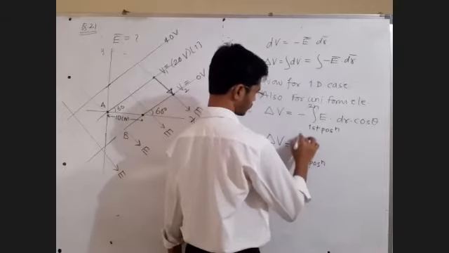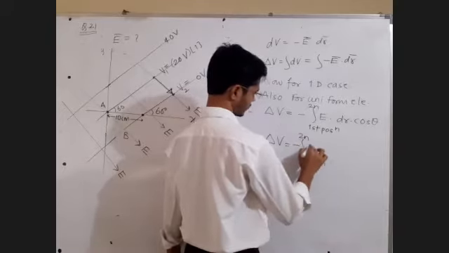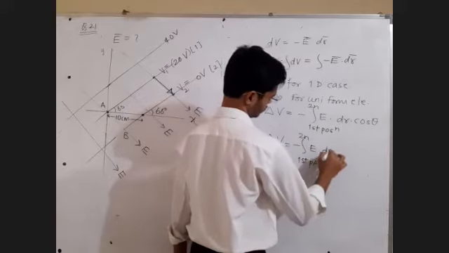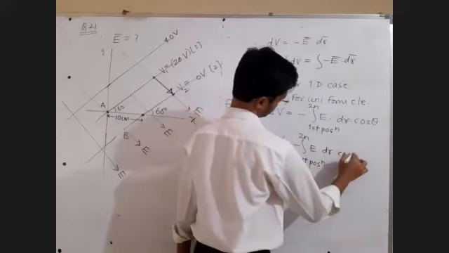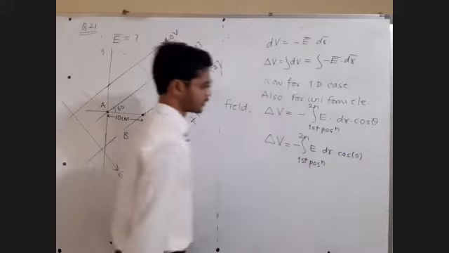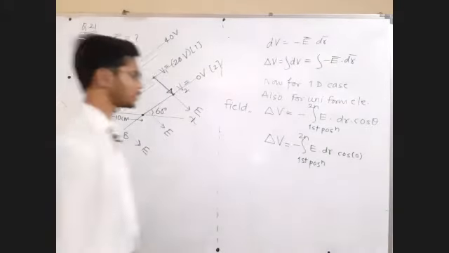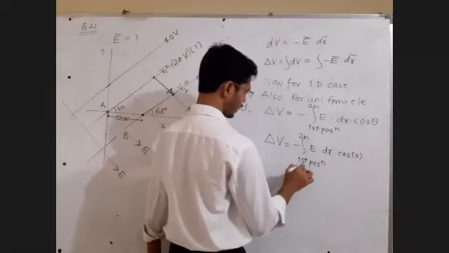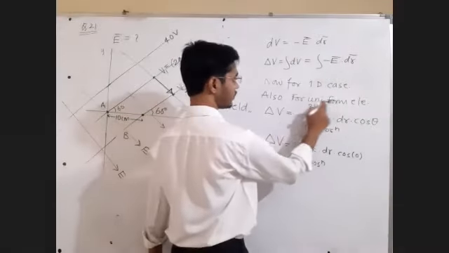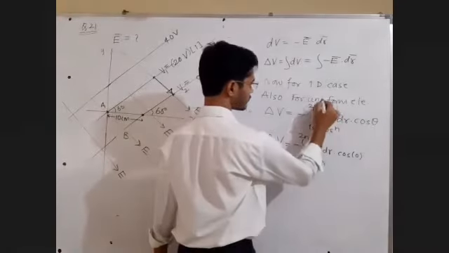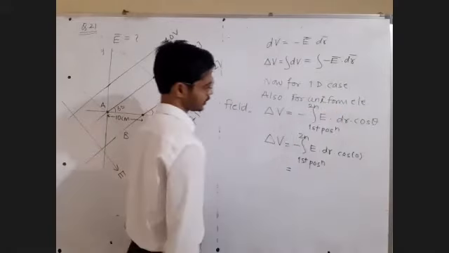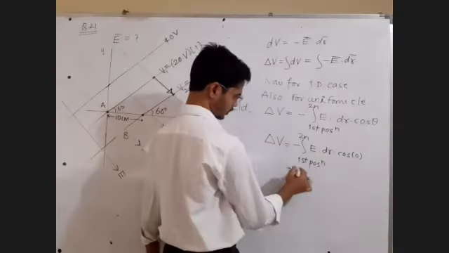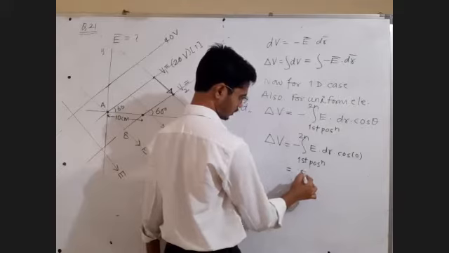From first position to second position, minus sign as it is, E into dr into cos of 0. Cos 0 is plus 1, no need to write it. Also, this electric field is a uniform electric field, so its value is constant at all the points, and the constant can be taken out of the integration.